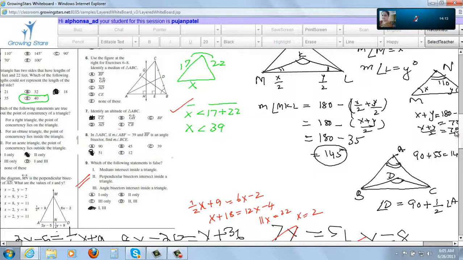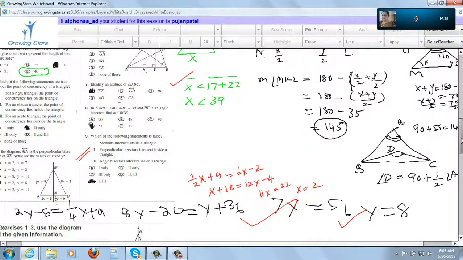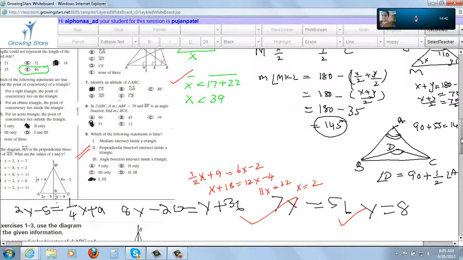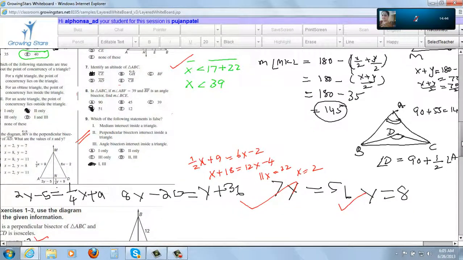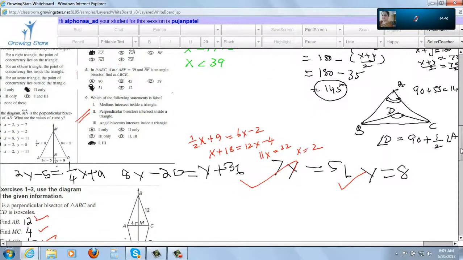See here, BD is a median and P is the centroid. Every median is divided by the centroid in the ratio 2:1. That is, the distance between the vertex and the centroid will be 2 times the distance between the centroid and the midpoint.